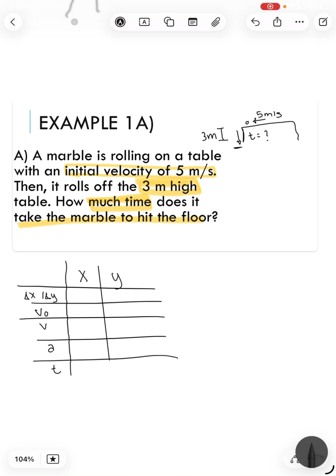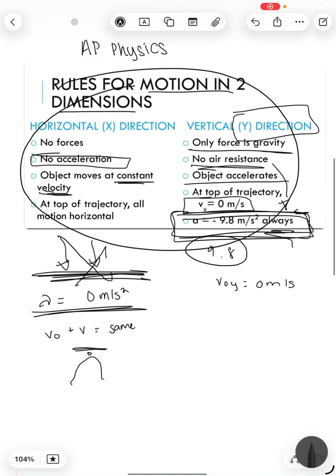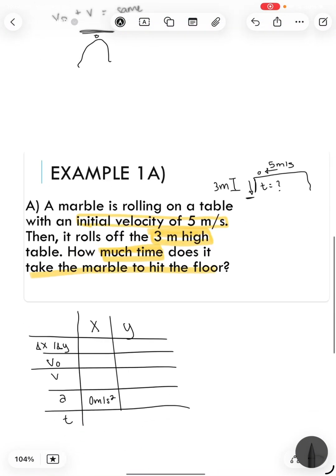All right? So, our givens. We always begin with our givens because we know them. Based off the chart we did before in the beginning of this video, we know our givens are 0 meters per second squared for the acceleration in the horizontal direction because there is no acceleration as it moves in the x direction.